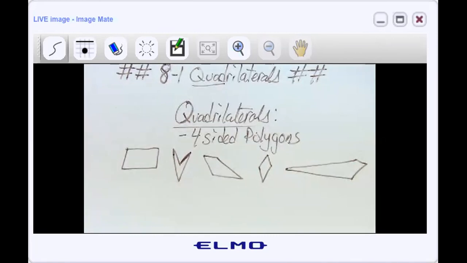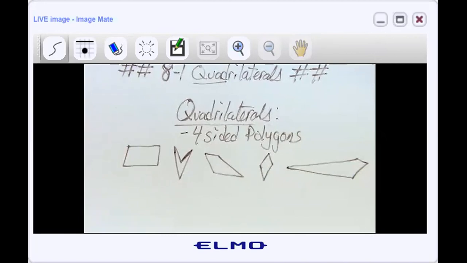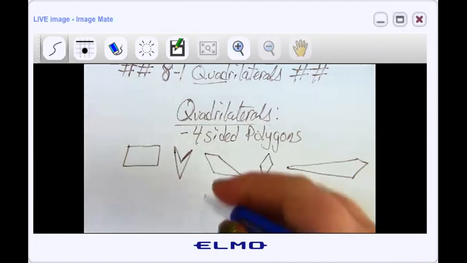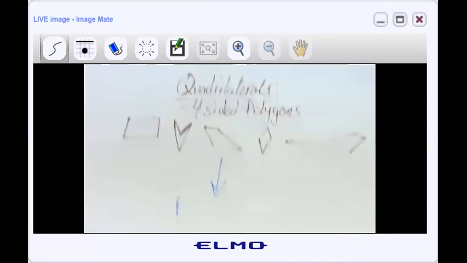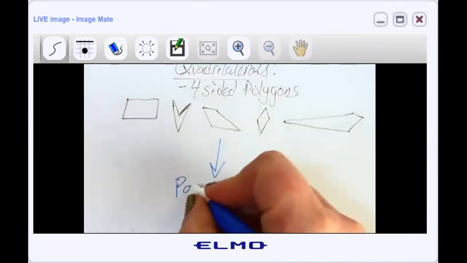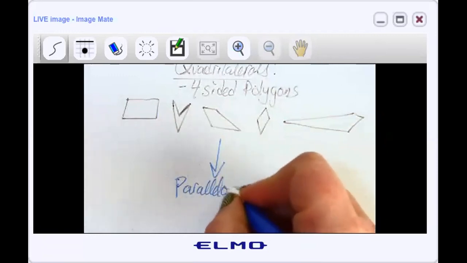Okay, now branching off of that, if I happen to have a 4-sided polygon, so a quadrilateral, but it just so happens that the 2 pairs of opposite sides are parallel to each other, then we have our friend, the parallelogram. Sorry. Jeez Louise. Parallelogram.